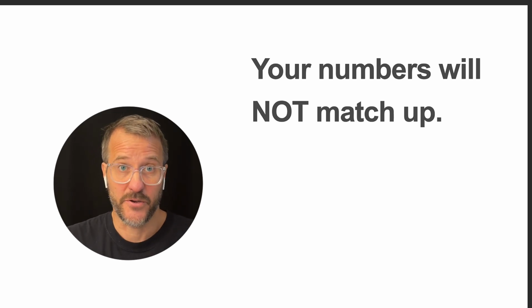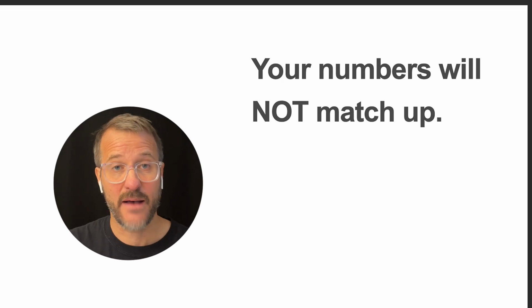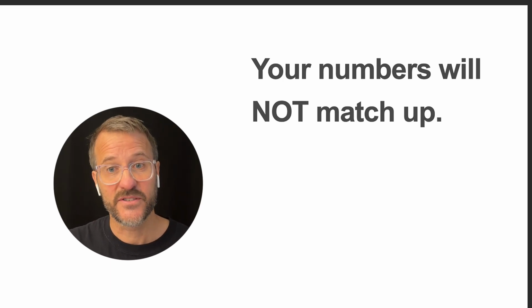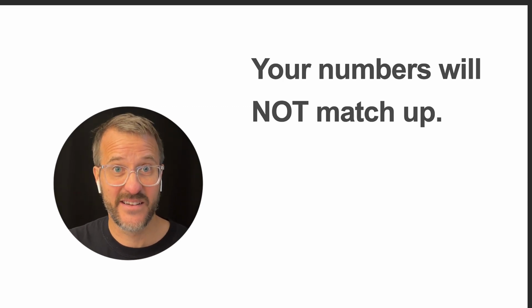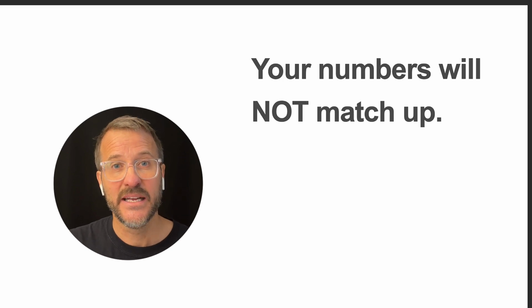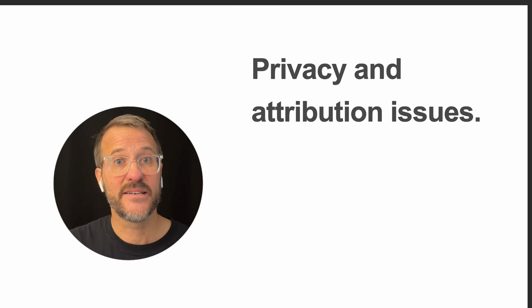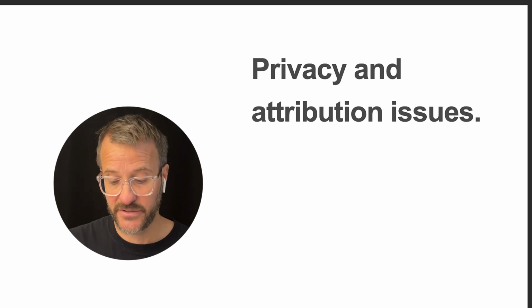And if you expect that to happen, you're going to get so frustrated with Google Analytics 4, you're going to stop using it. So our numbers need to line up roughly between your different data sources, but they'll never be exactly the same. Two basic reasons for that, that will always be the case, are privacy issues and attribution issues.